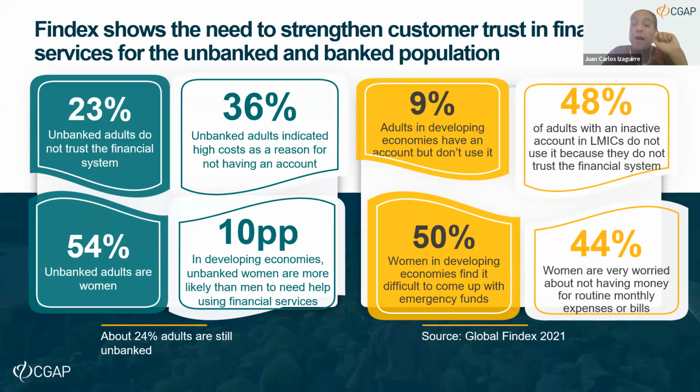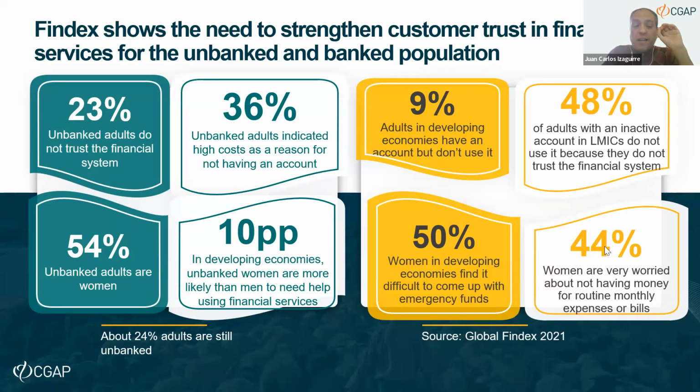This is 5 percentage points higher than men, which shows, again, even greater exposure and difficulty for women in the financial sector. So Findex shows us some signs of consumer protection issues that deserve attention currently, despite the progress in financial inclusion.